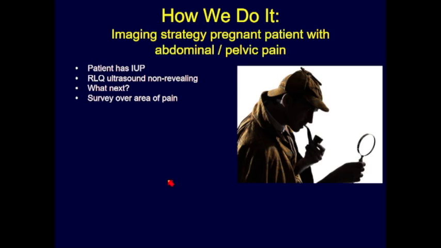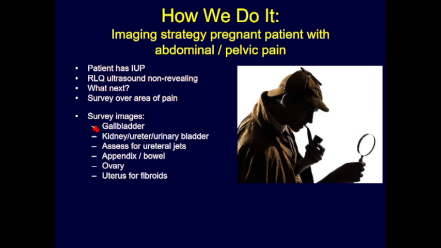So this leads me to how we do it. This is our imaging strategy for pregnant patients who present with abdominal or pelvic pain. We make sure the patient has an IUP, but if we can't find the appendix or the right lower quadrant ultrasound is not revealing, what do we do? Well, we survey over the area of pain, and we also take images of the gallbladder.